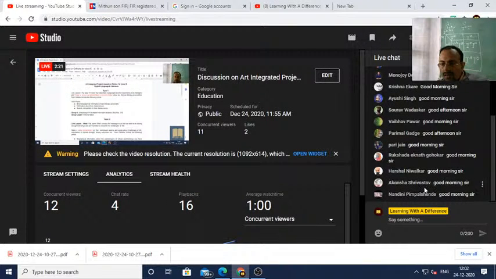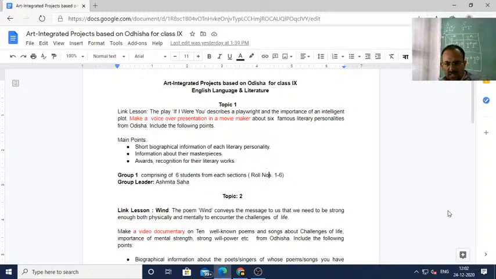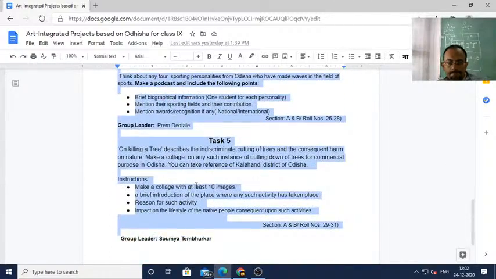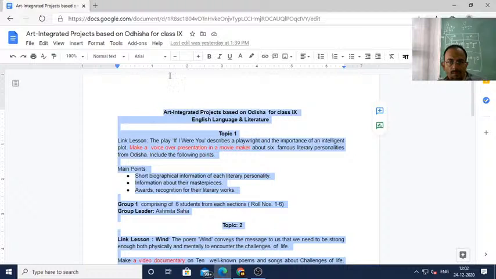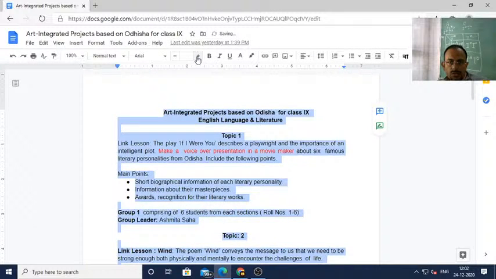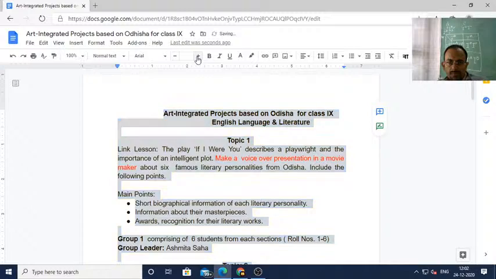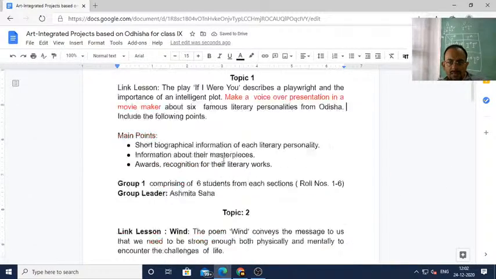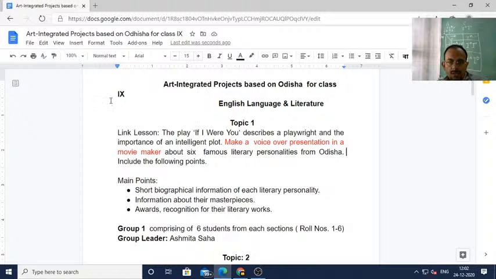Can anyone confirm, like Nandini, is the project visible? Is it visible properly? Just check once and let me know. I can increase the size a little bit. Now I've increased the size a little bit. Hopefully you will be able to see now.